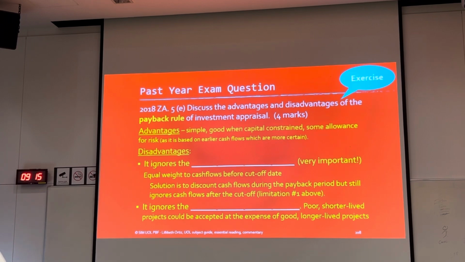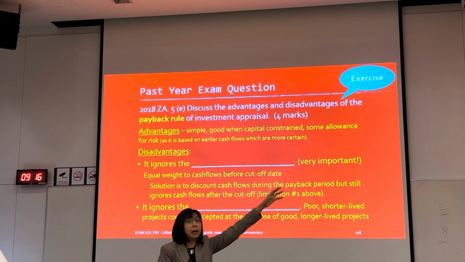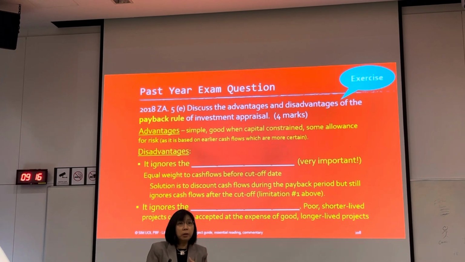So there's a bit of allowance for risk because in a way you're accepting projects that pay you back sooner. But the downside is, what does it ignore? Time value again, right? It doesn't even know that basic finance rule that money that's later is less valuable than money today.